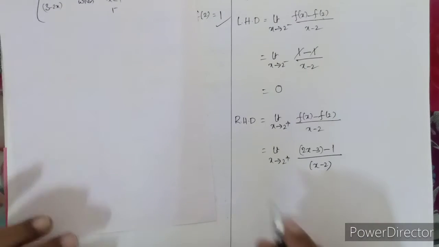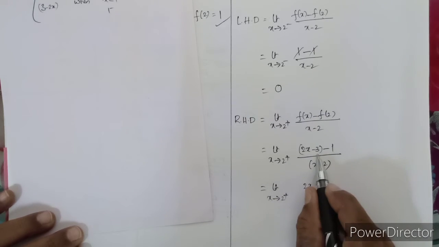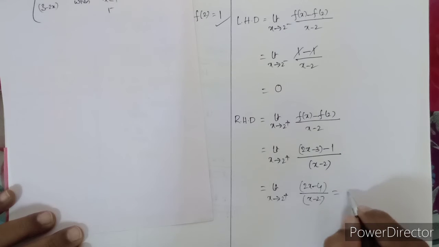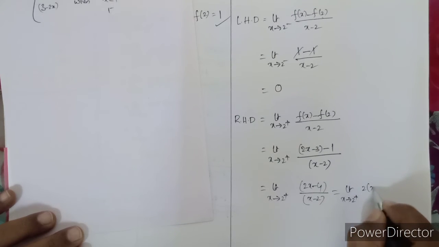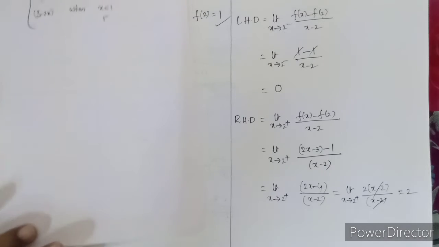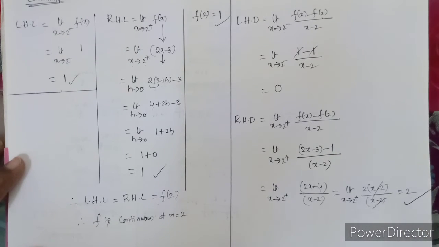Limit x tends to 2 plus, 2x minus 3 minus 1 is 2x minus 4, by x minus 2. We take 2 common, by x minus 2. Cancel. Limit of constant is constant. So we got the right-handed derivative of f at x is equal to 2 is 2.